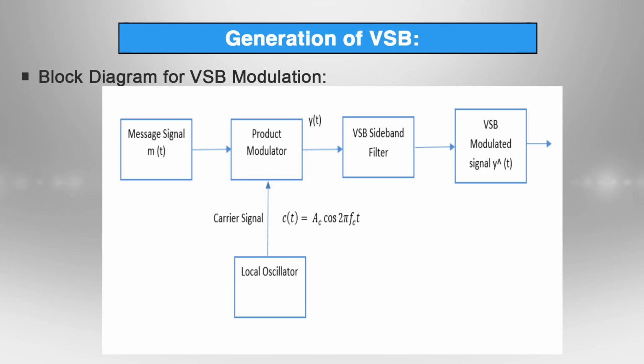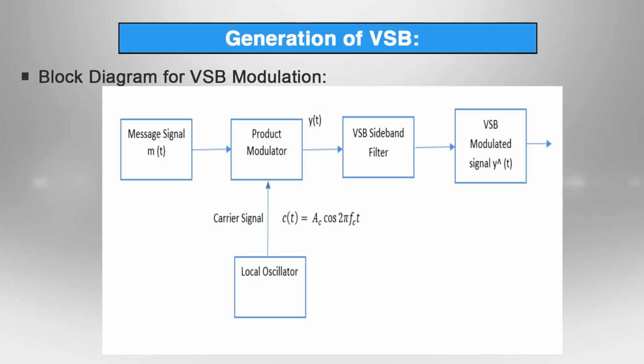The product modulator multiplies the message signal and the carrier signal and produces the DSB-SC modulated signal, namely y(t). This DSB-SC signal is passed through a VSB sideband filter, which passes one of the sidebands along with the vestige of the other sideband. The output of the VSB sideband filter is the VSB modulated signal, which is represented by y'(t).